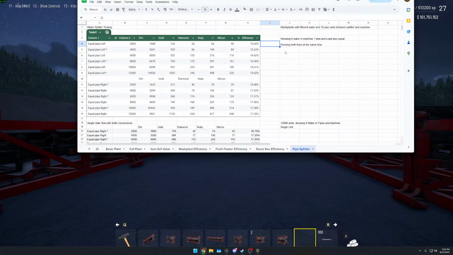So I actually haven't built this. Close bracket, divide by 6.